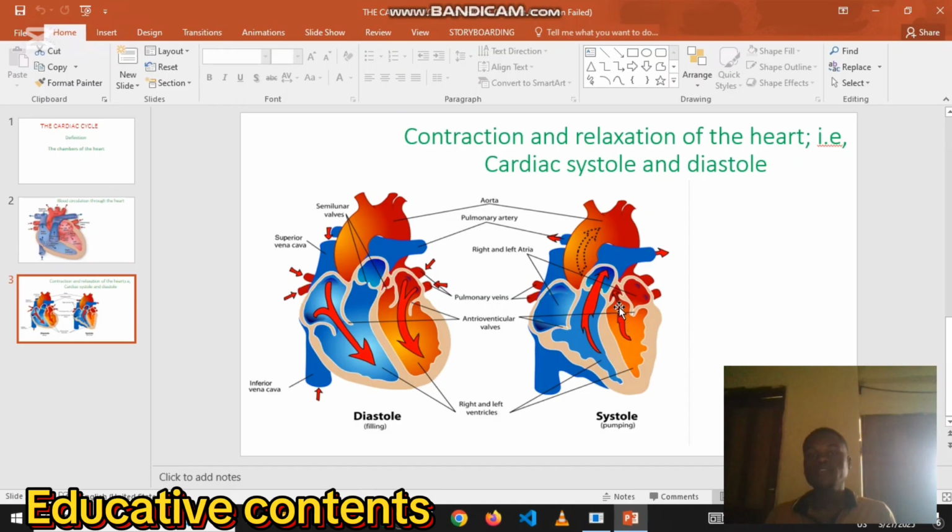When the semilunar valves, that's the aortic valve and the pulmonary valve, close, that's what causes the dub sound of the heart. That's why for each heartbeat you must hear a lub-dub sound. This complete atrial systole, diastole, ventricular systole, diastole takes place in 0.8 seconds. That's basically what happens during a single heartbeat.